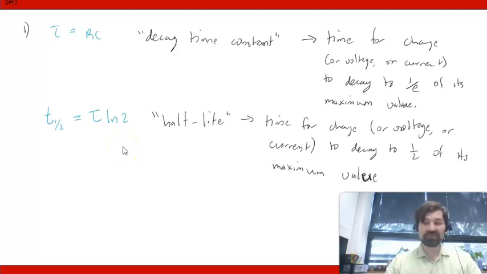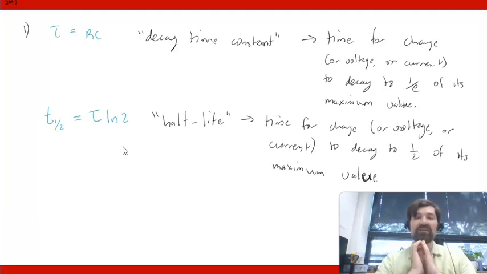That also means that if you want to solve for the decay time, you can take the half-life and divide it by natural log of 2. In any case, this half-life is basically the time for the charge on the capacitor, or the voltage across the resistor, let's say, or the current through the resistor, whatever, to decay to half of its maximum, that is, its initial value.